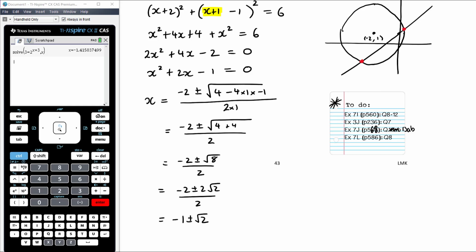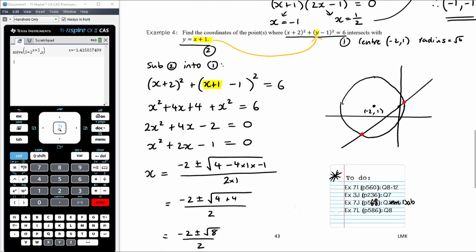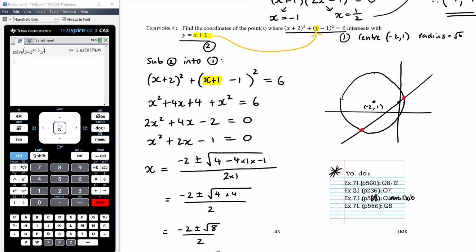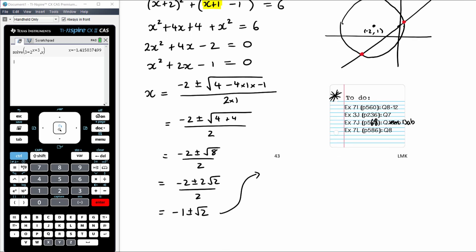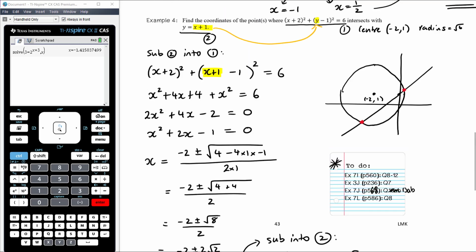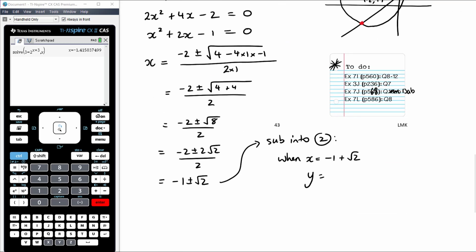Okay, so then we want the y values. Always easier to go back into the linear equation, so we're going to substitute into equation 2. We know when x is −1 + √2, y is going to be x + 1, so y is that, plus 1.